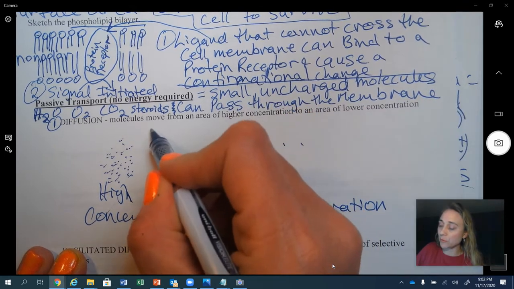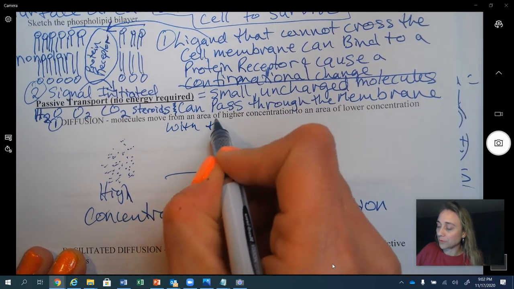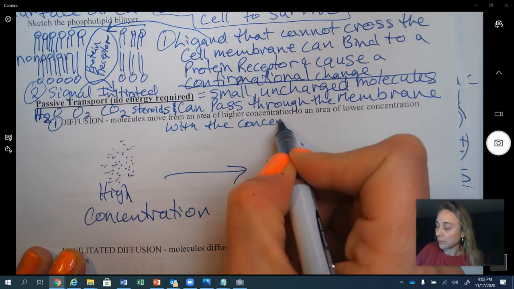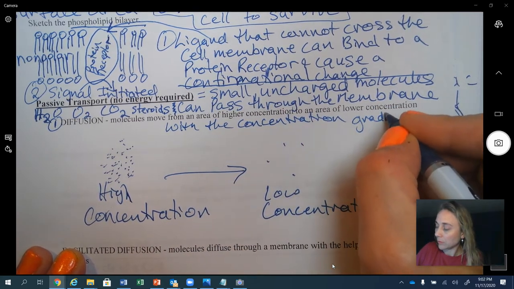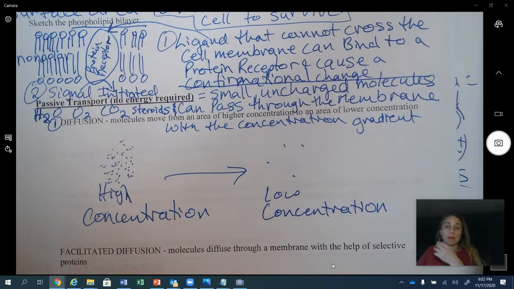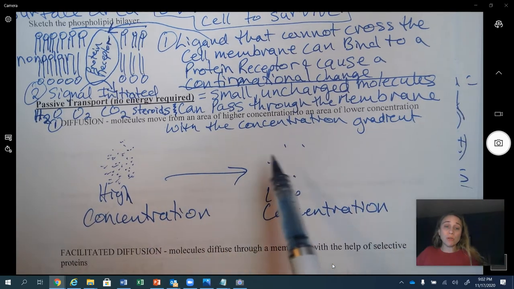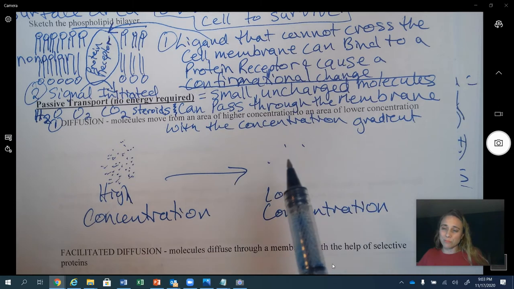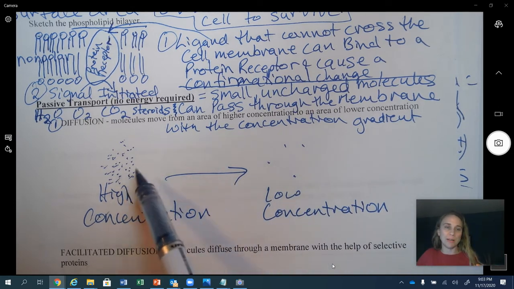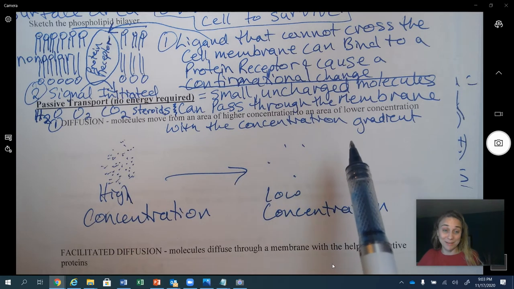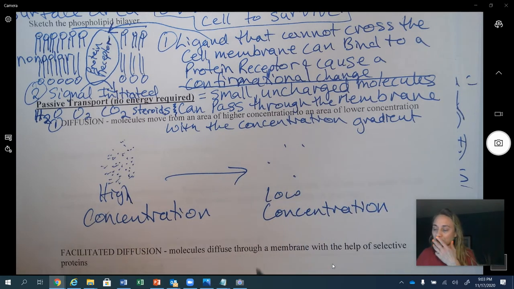We'll say that it moves with the concentration gradient. If there are other molecules in here, it doesn't really count. The molecules are like, oh wow, you're a lot like me, I'm going to go where there's a lot less of me. So even if you have other molecules in here, those molecules still want to spread out.